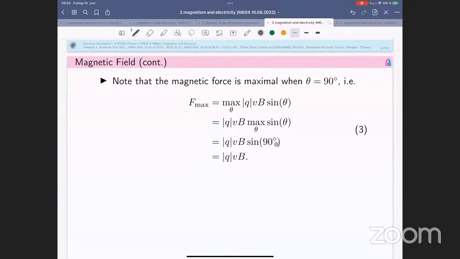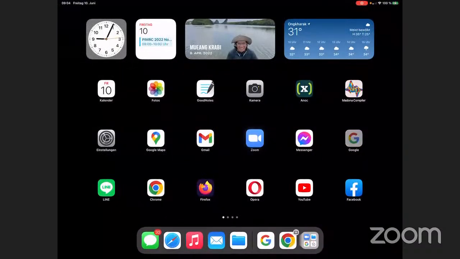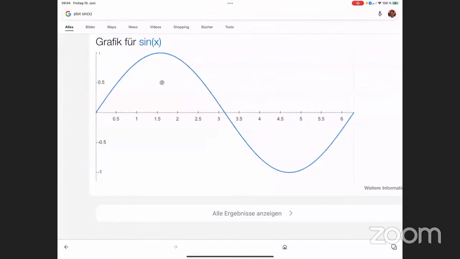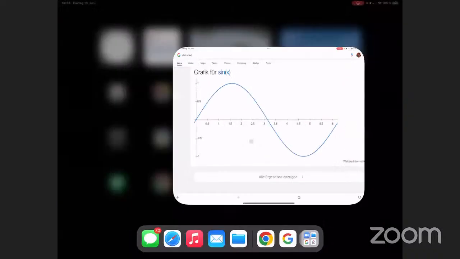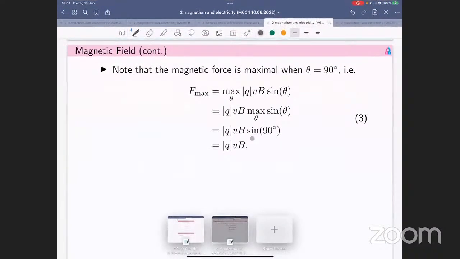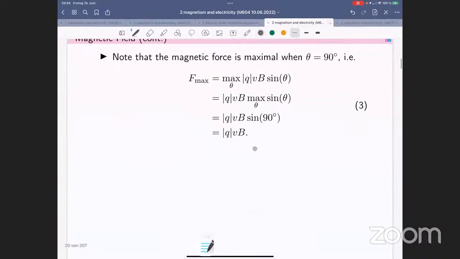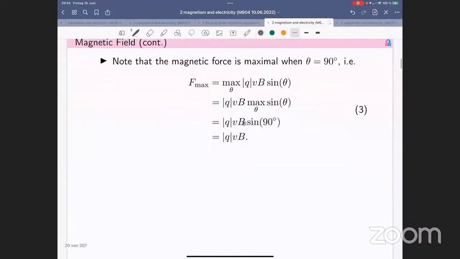And once we substitute theta by 90 degrees, this is only number one, right? The maximum value of the sine function is number one here. You can see the maximum we reach is number one. So that's why we have number one here, for sine of 90 degrees.